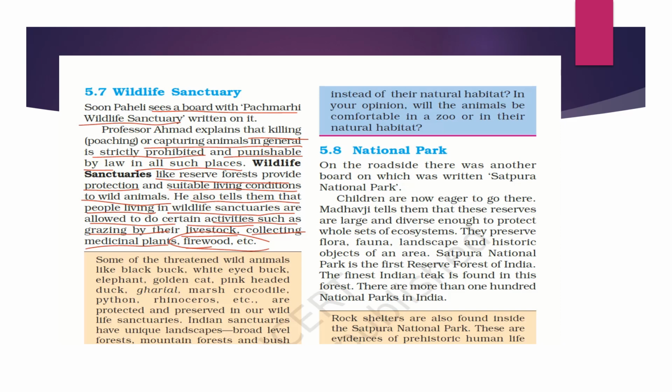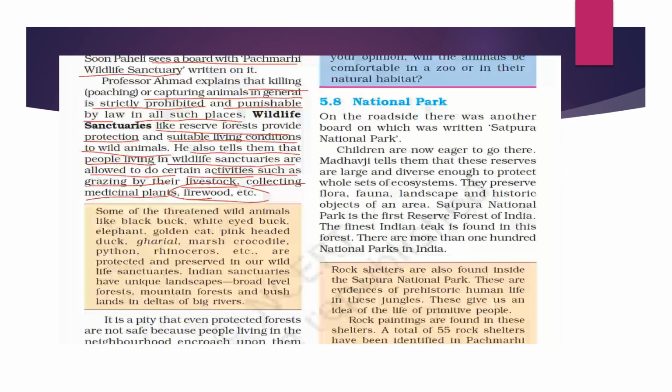Okay, so let us see what is written in this box. Some of the threatened wildlife animals like blackbuck, white-eyed buck, elephant, golden cat, pink-headed duck, gharial, marsh crocodile, python, rhinoceros, etc. are protected and preserved in our wildlife sanctuaries. Indian sanctuaries have unique landscapes.